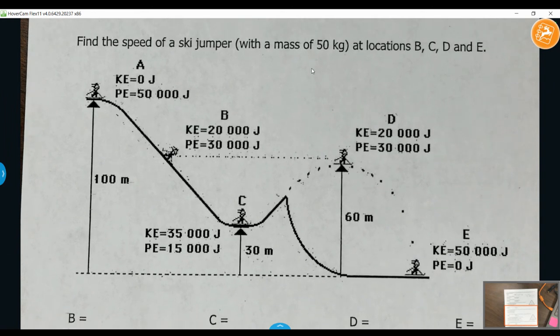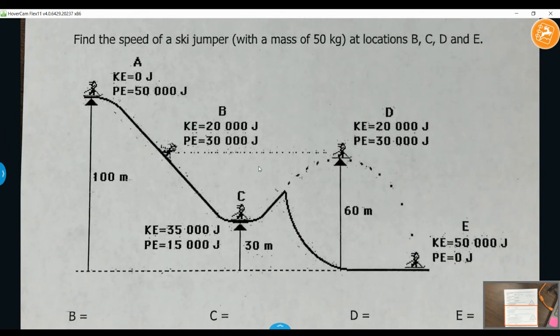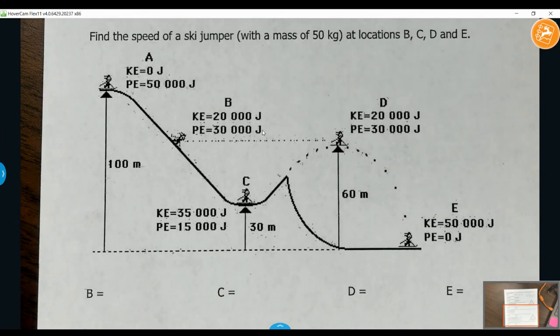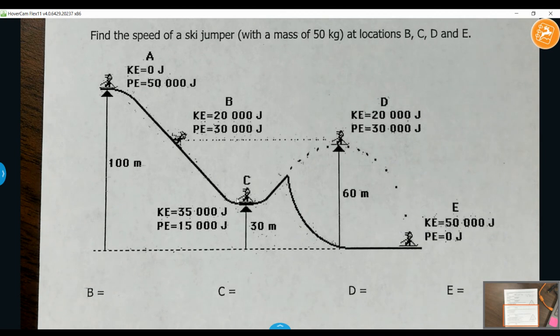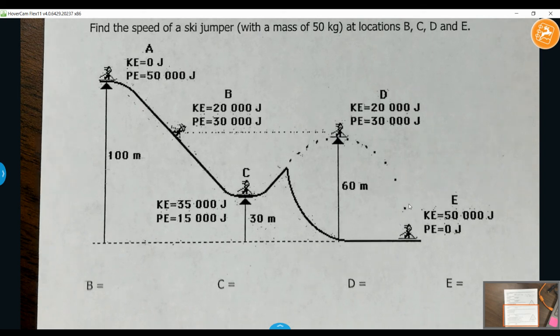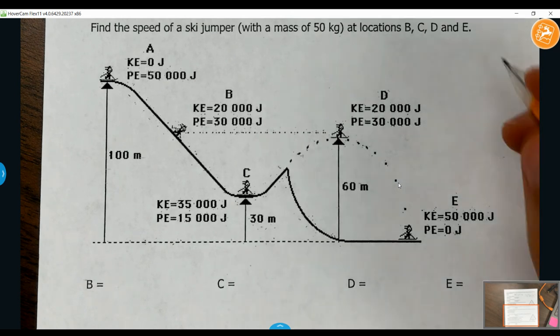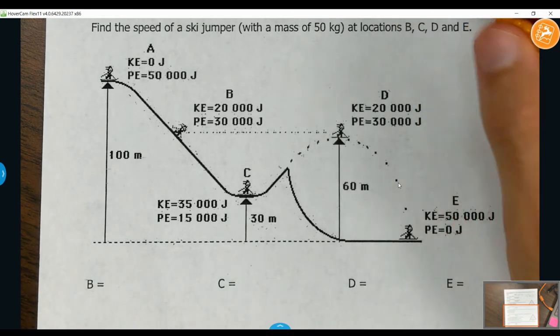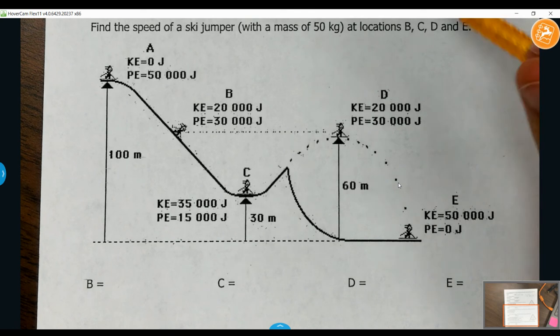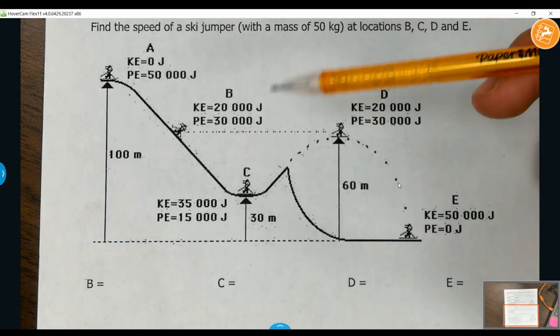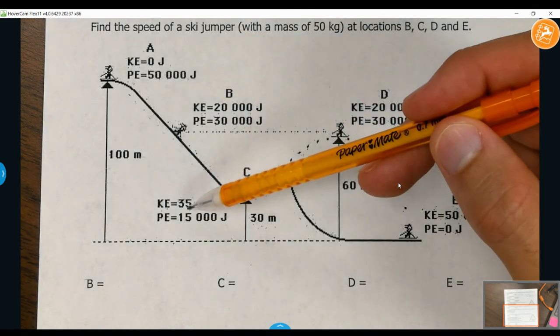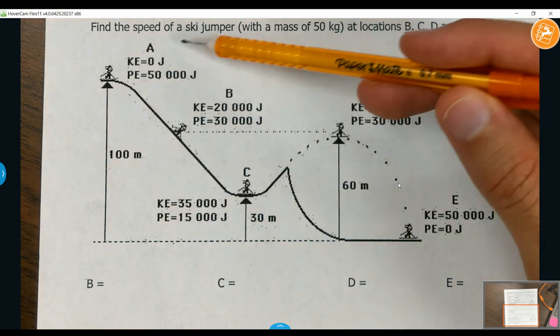So you have a constant mass. They want to figure out what the velocities or speeds are at points B, which is here, C, and D and E. So velocity for these things, you want to make sure that there's no work being added or subtracted here. 35, 15, it's 50, 50, 50, 50.